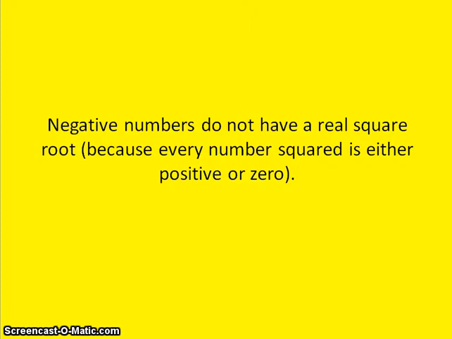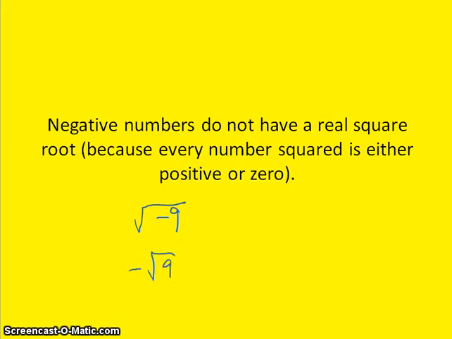Now, negative numbers do not have square roots. So I cannot take the square root of negative 9 because no number squared can equal a negative number. On the previous slide, we had the example of negative square root of 9.